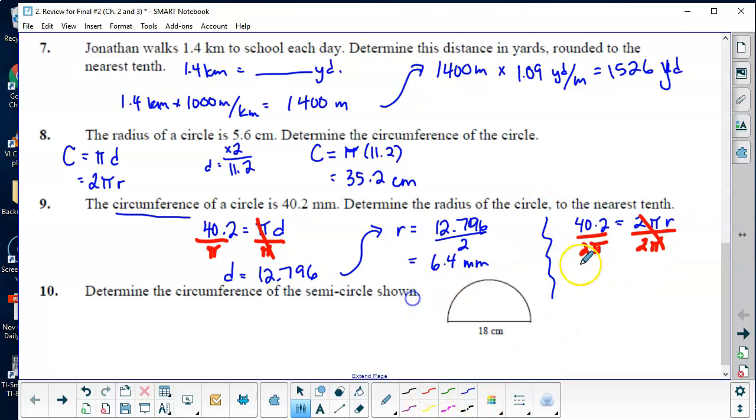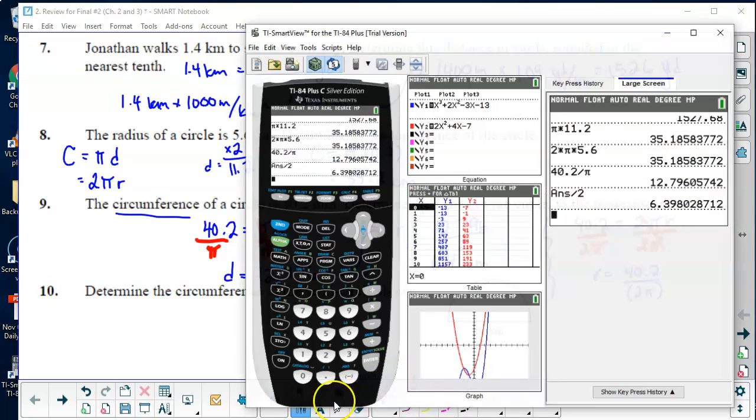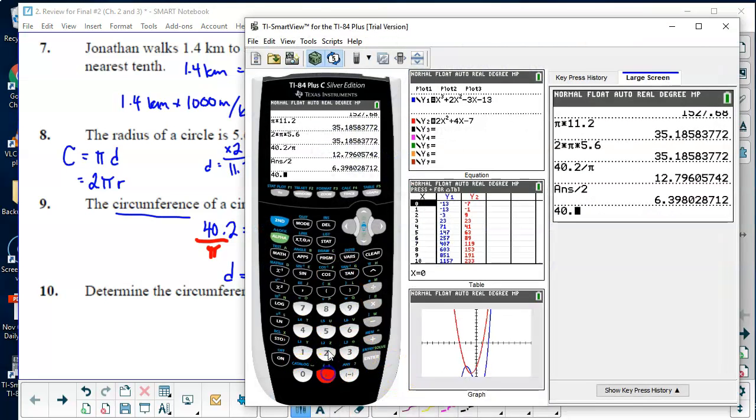Problem with this one, just be careful in your calculator. You're really going to go 40.2 divided by, in brackets, 2 pi. So if I do this, 40.2 divided by bracket 2 pi.